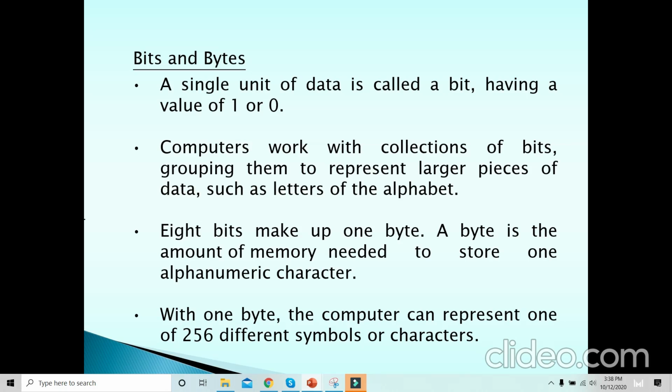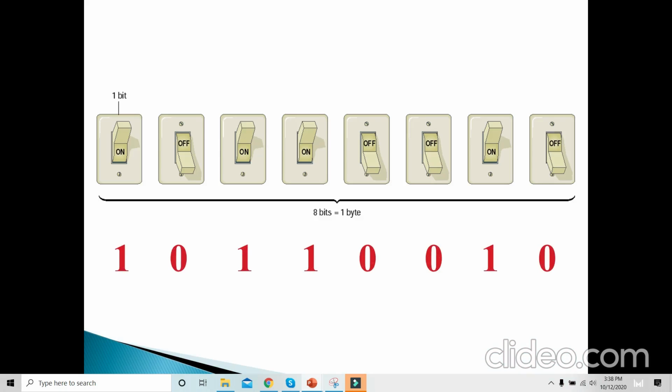Now I'm going to proceed to the number of switches so that you will be able to understand how it will be converted into binary representation. Let's say, for example, these are the switches. If it is off, it's 0. If it is on, it will be 1.